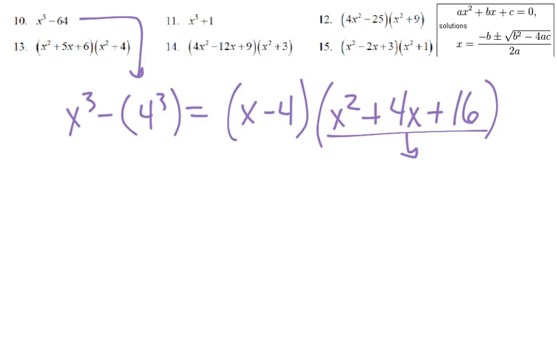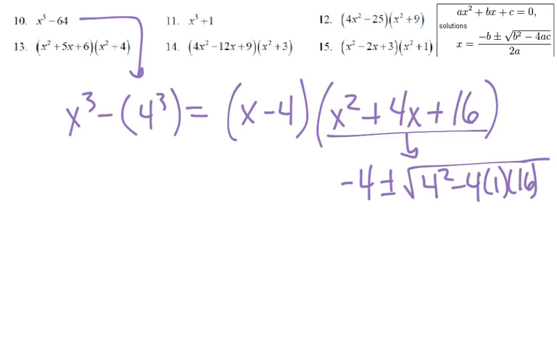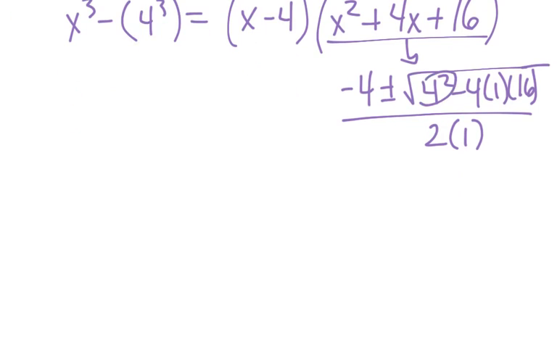So the opposite of b plus or minus the square root of b squared minus 4 times a times c over 2 times a. So we get 16 minus 4 times 16, which would be 64. 16 minus 64 should give us a good number.